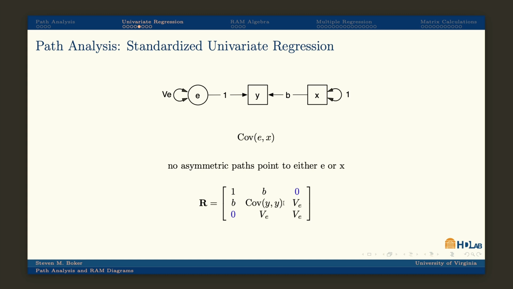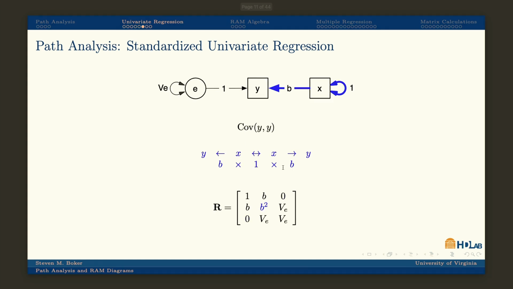And now for the fun part: how many ways can I get from Y to Y? Turns out there's 2 ways. I can go B times 1 times B, and B times 1 times B here, and that's B squared. But also, I can get to Y using 1 times B times 1.